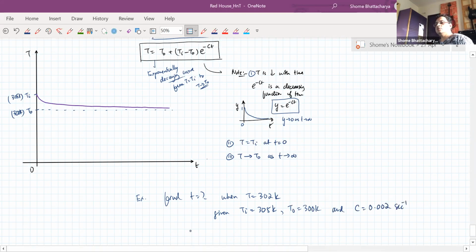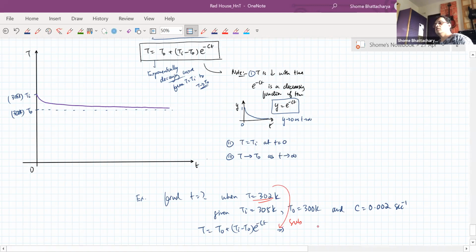Okay, so all we have to do is use this equation that T is equal to this quantity. So in this, substitute this information.